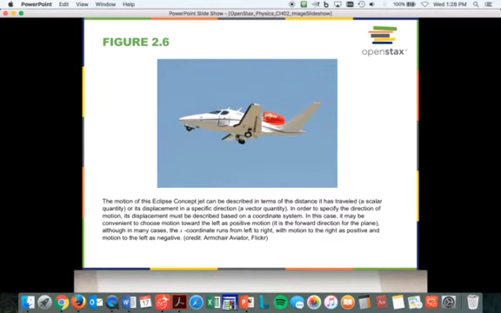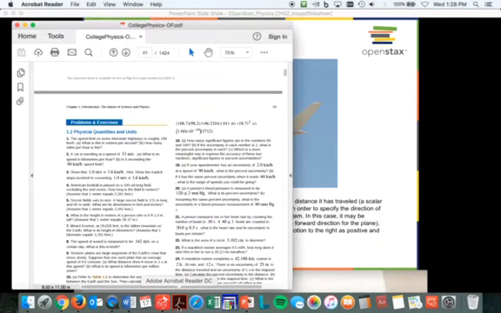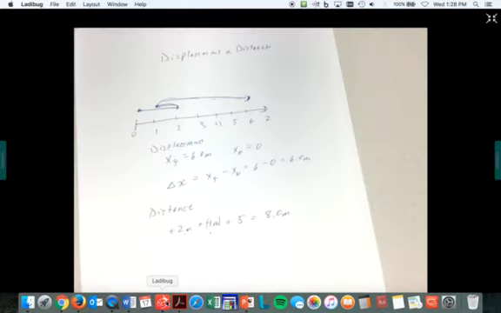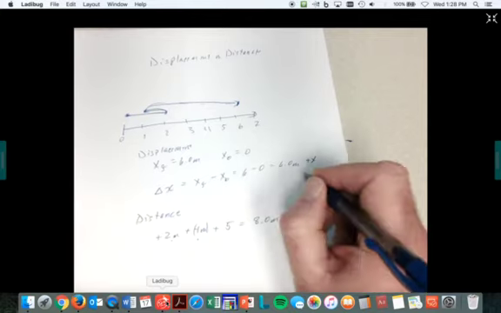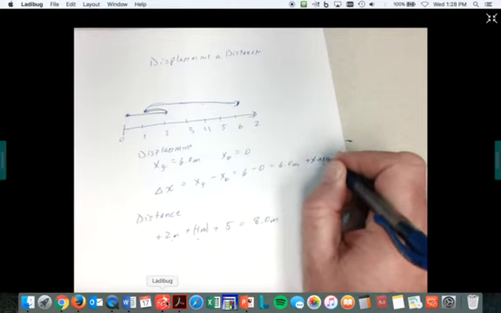So the distance traveled is a scalar quantity, while displacement in a specific direction is a vector quantity. So distance is a scalar, displacement is a vector, because I went a distance. This was 6 meters. This guy here is 6 meters in the positive x direction, positive along the positive x-axis.